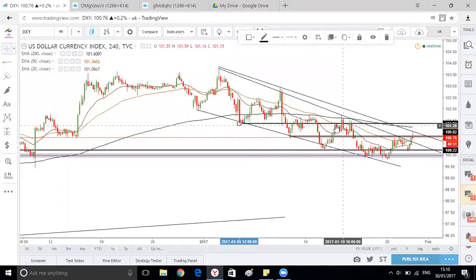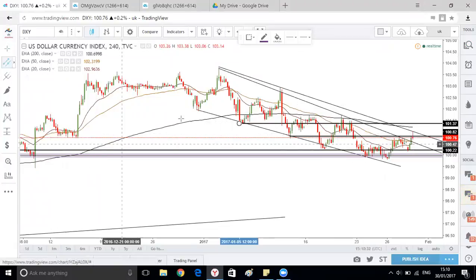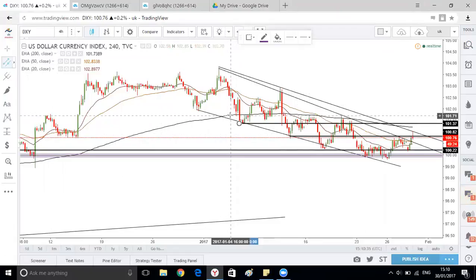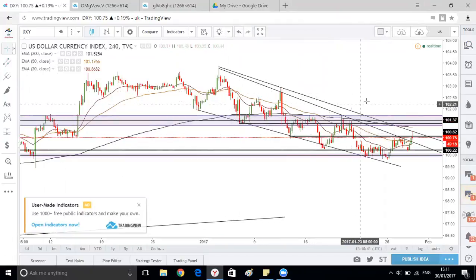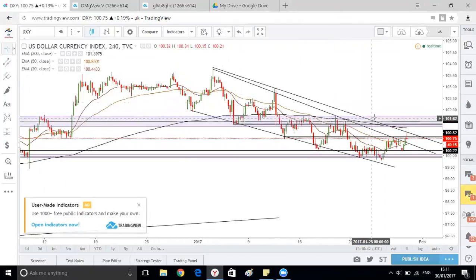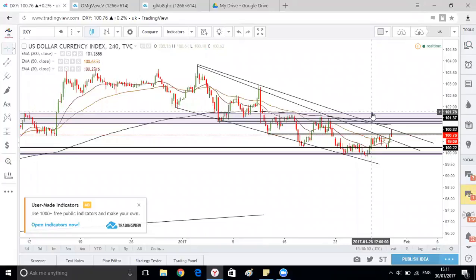For a zone, you get the parallel channel tool, plot this, make sure it's accurate, and draw it. In order to give you confirmation for going long or short, you will need to see a break of this level right here.